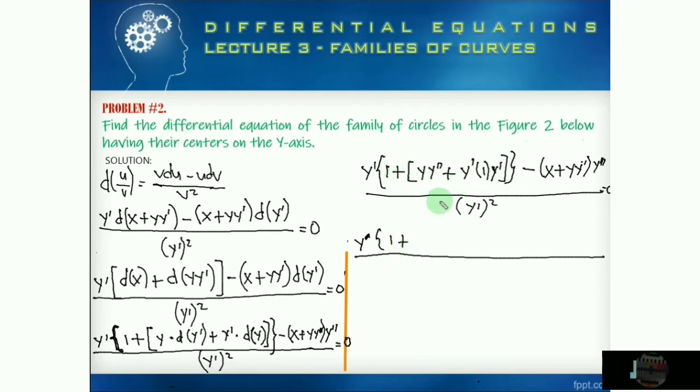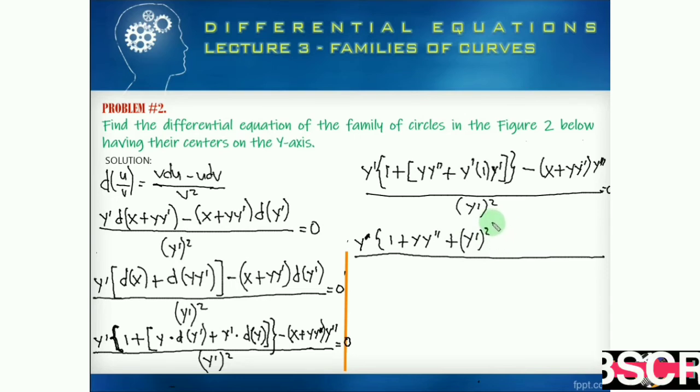So 1 plus y double prime plus this, so y prime times 1, so this is probably y prime raised now to the square.